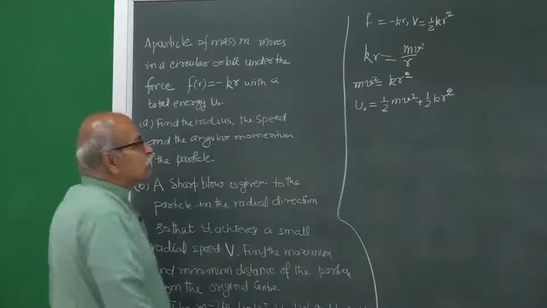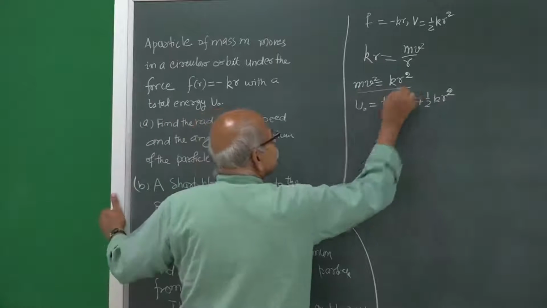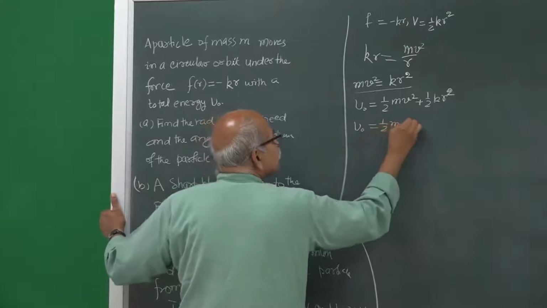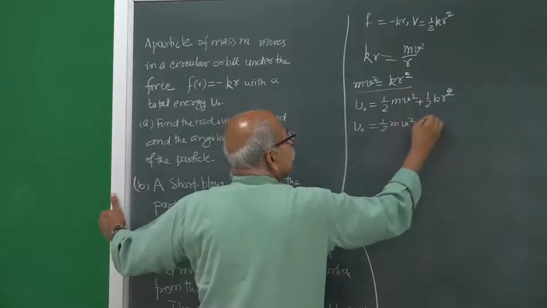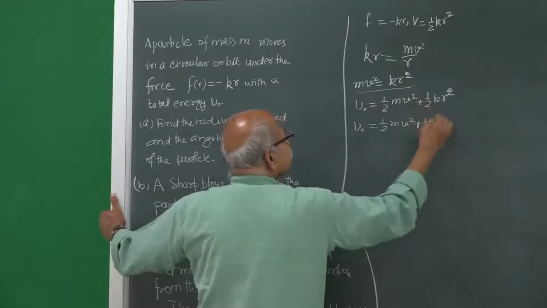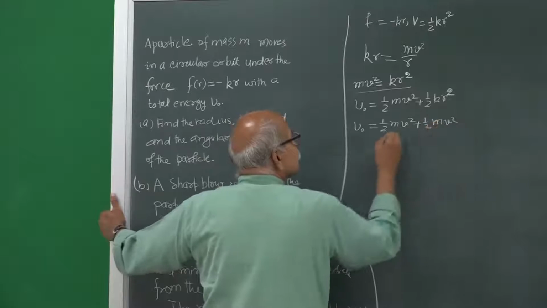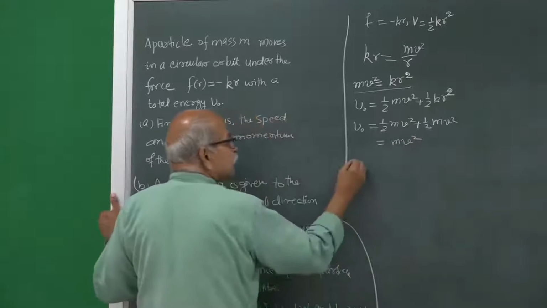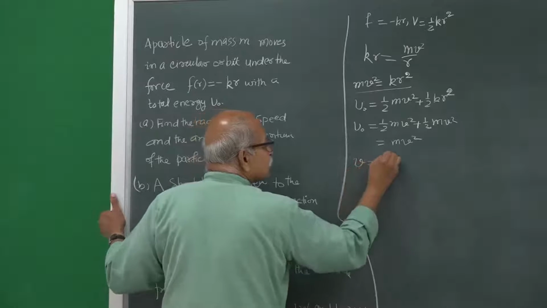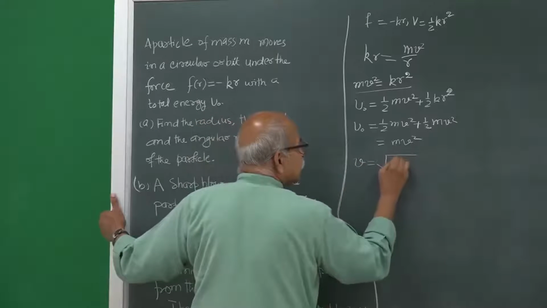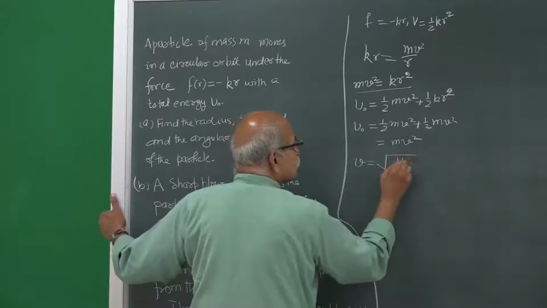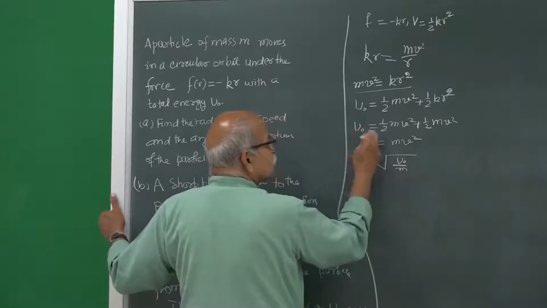So, these are the two equations and you have two unknowns. To get m v square, you can use U naught is equal to half m v square plus half K r square, which is again m v square. So, it is m times v square, and therefore, v is equal to square root of U naught divided by m.